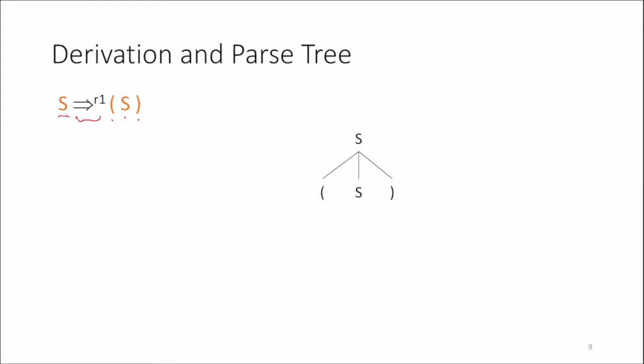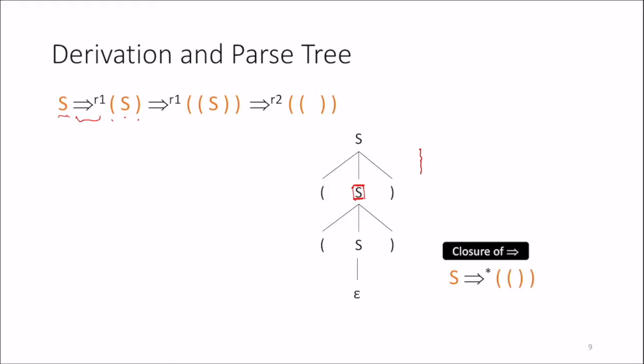And notice that I can draw that as a tree structure over here. Now if I apply rule R1 again, I'm expanding this S here using rule R1, which again expands it with open bracket S close bracket. And then when I apply rule R2, S goes to the empty string, which we don't need to write out because it's just the empty string.